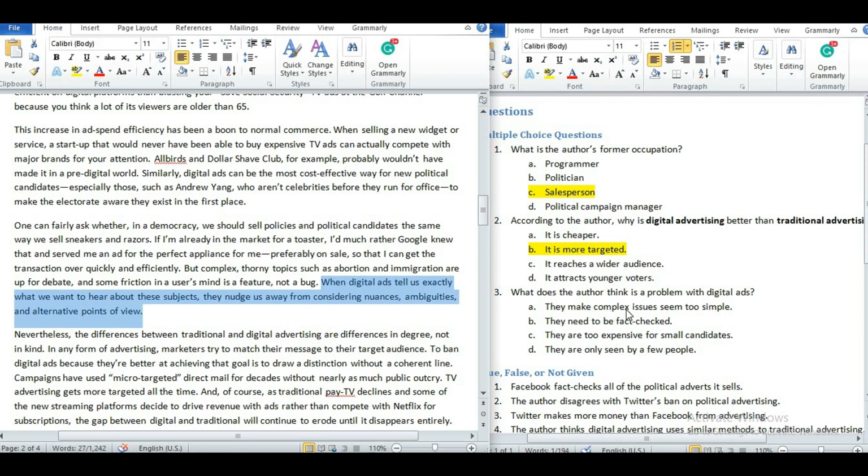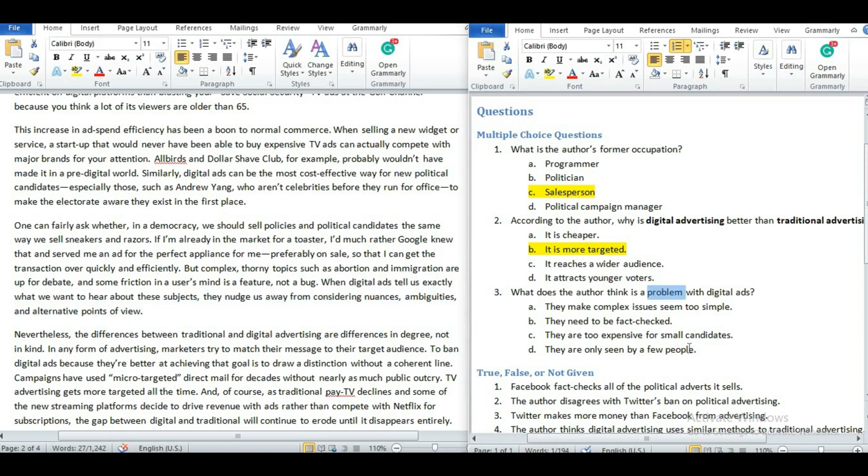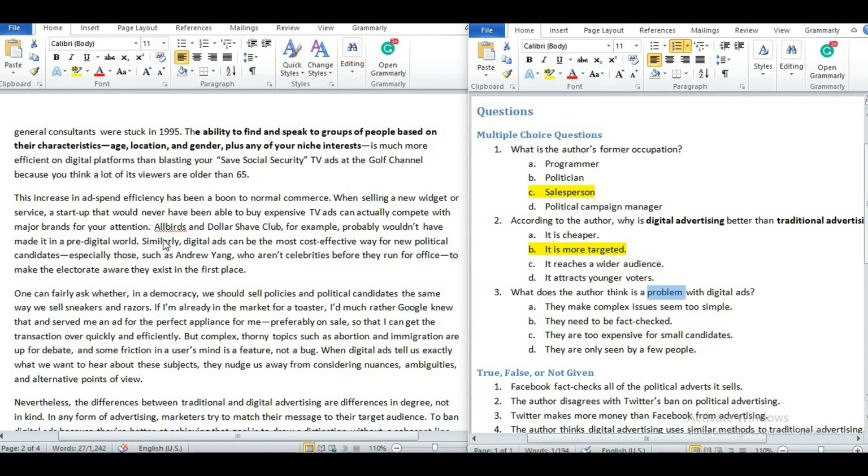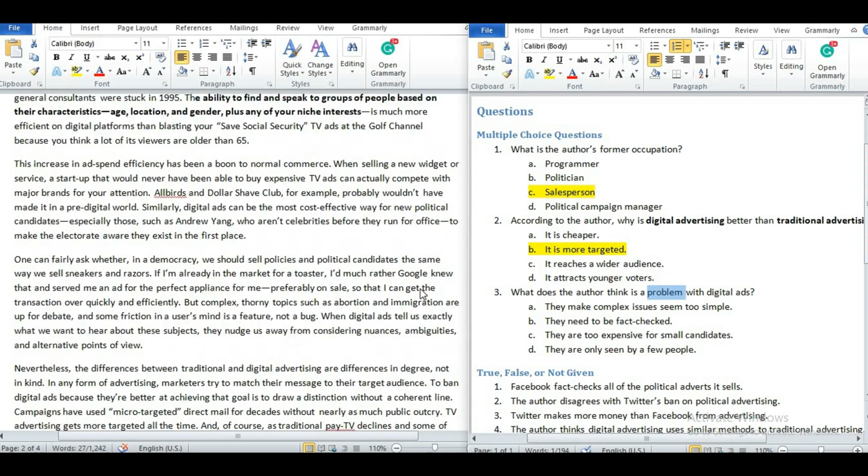Is it about complex issues becoming too simple? About fact-checking? About being too expensive? About only being seen by a few people? Well, this idea about being too expensive, we actually have other parts in this text, the previous paragraph, for example, the opposite. They're cheaper.